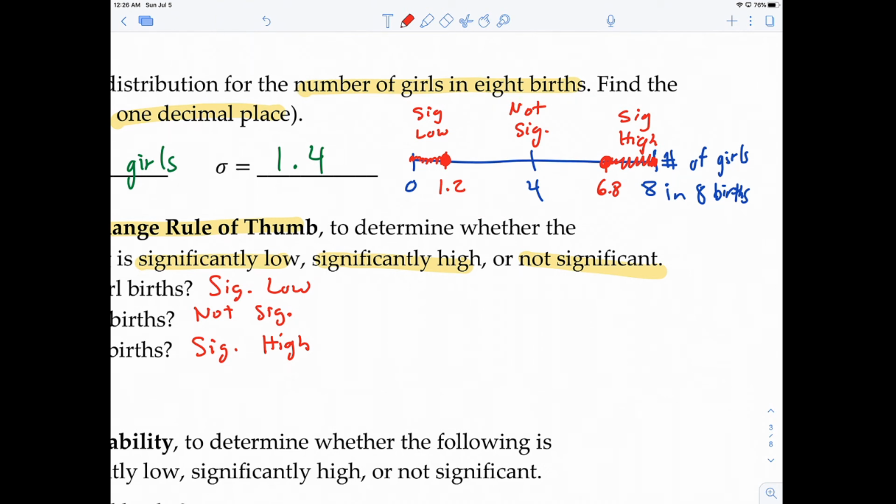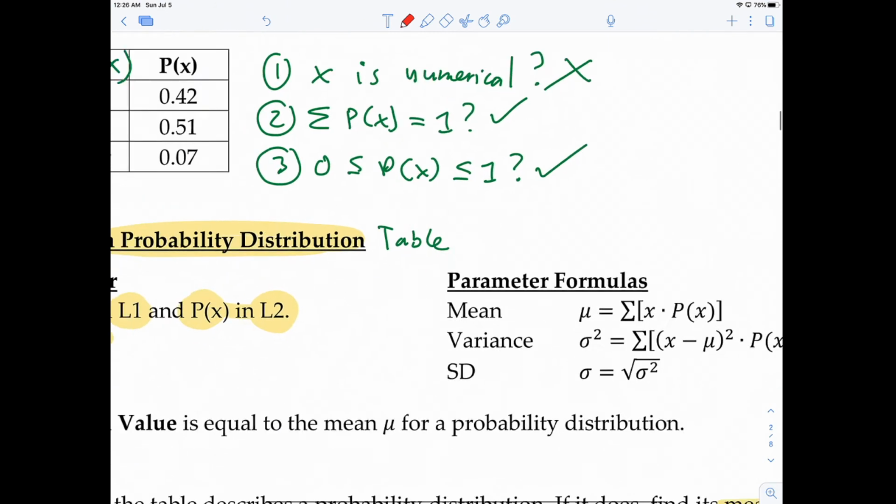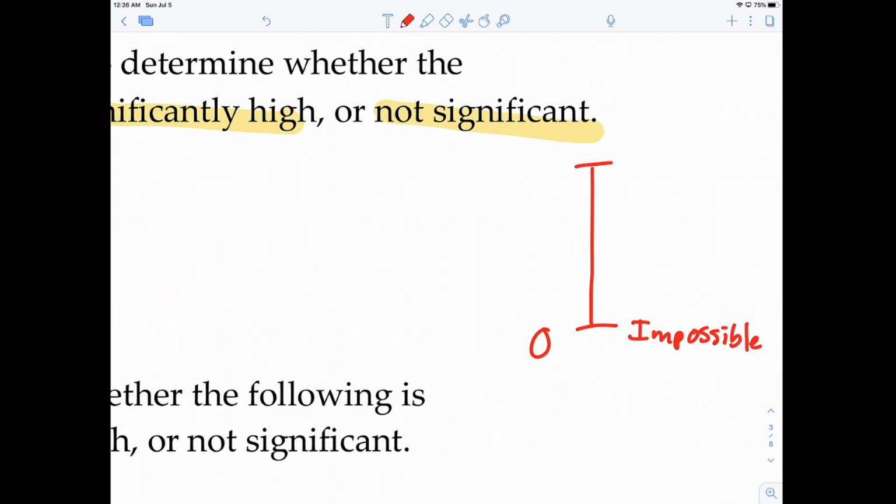So, probability ranges. First of all, probability measures the likelihood or the chance of something happening, right? A probability of zero indicates that the event is impossible. And a probability of 1 implies that the event is for sure going to happen. 0.5 says there's a 50-50 chance.